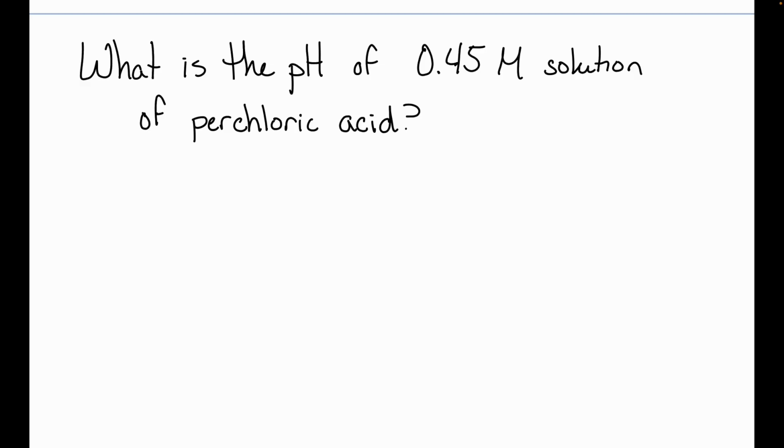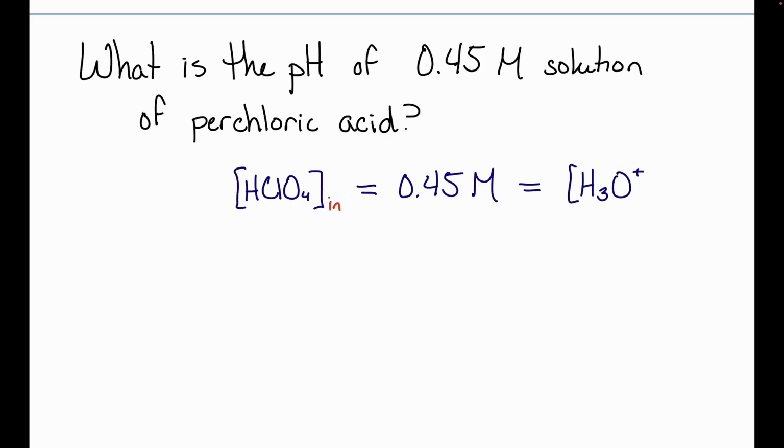All right, so how am I supposed to do this here? I know my concentration of HClO4, that perchloric acid that I have initially, is equal to that 0.45 molar. But since this is a strong acid, 100% of those perchloric acid molecules will dissociate into hydronium ions, meaning that's going to be the concentration of hydronium that I get when this reaction reaches equilibrium.